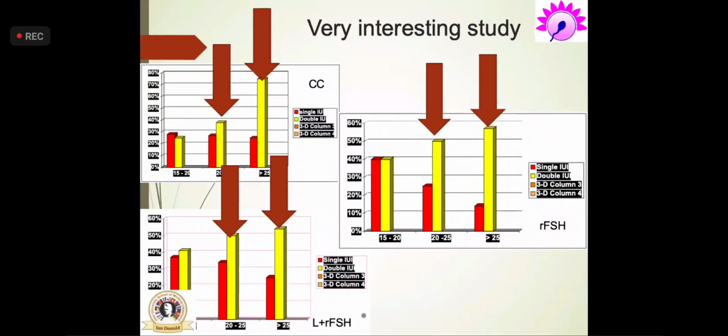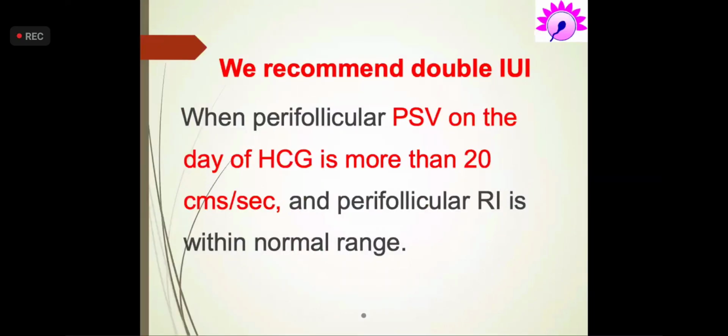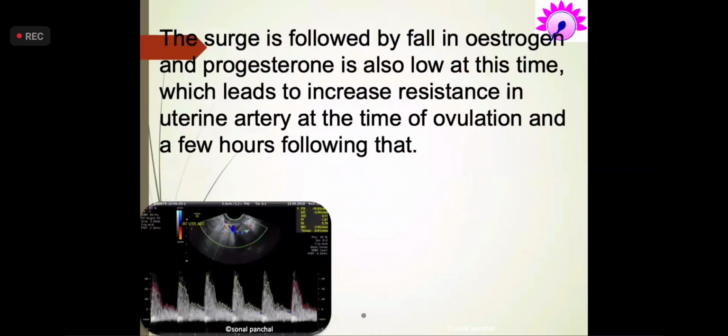But you can still convert this double IUI into a single IUI at 24 hours if you can plan the timings like that. So depending on the PSV, we should decide how many IUIs to do or when the IUI should be done. And that is a very important message that we get from ultrasound that you will not get from your hormonal assays.